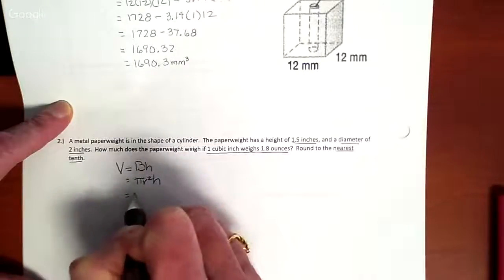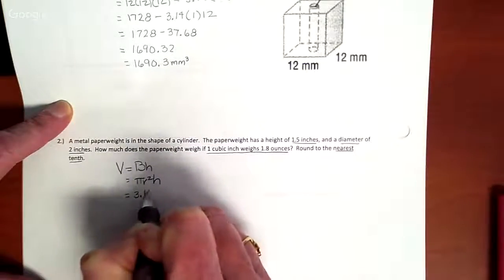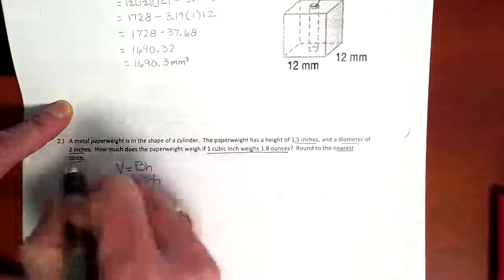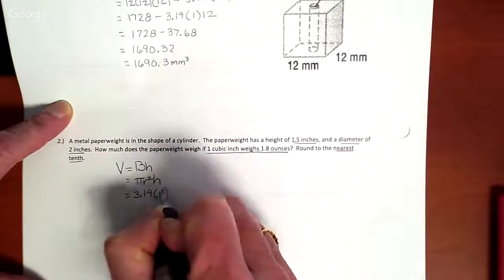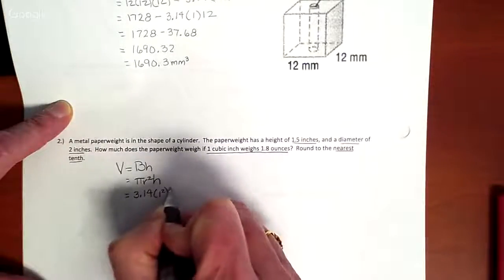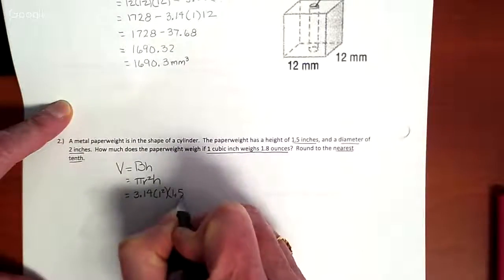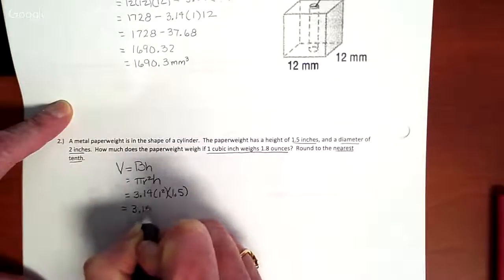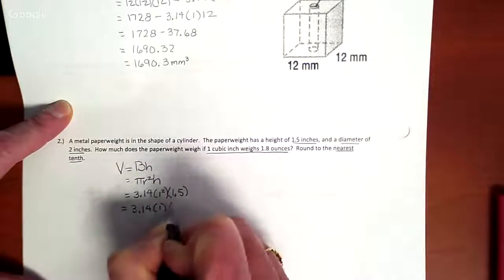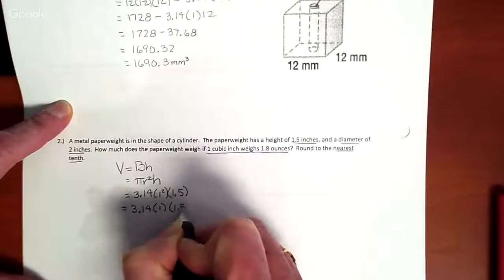So here we have 3.14. Again, our diameter is 2 inches, so that is going to be 1 squared. Our height is 1.5 inches. So here we have 3.14 times 1 times 1.5.